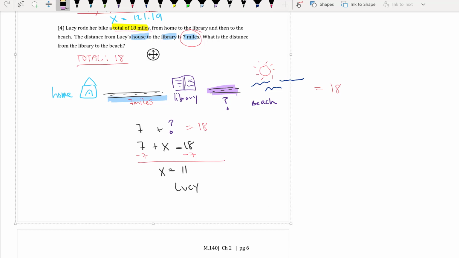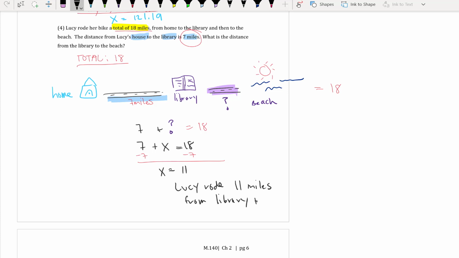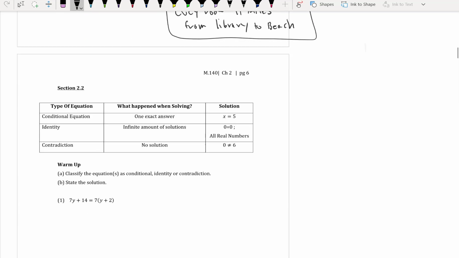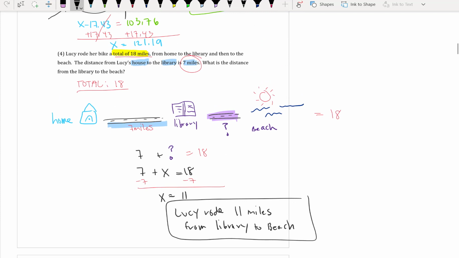So Lucy rode 11 miles from the library to the beach. So that is what I have. And so my answer is 11 miles, and that is the end of section 2.1.